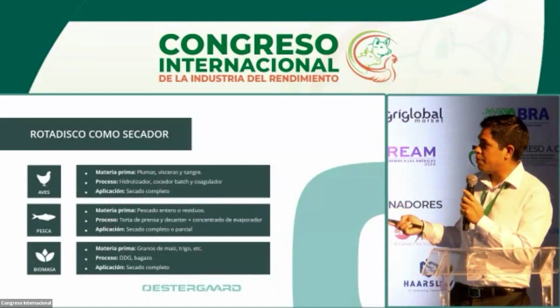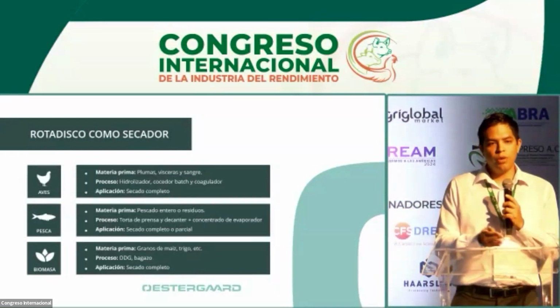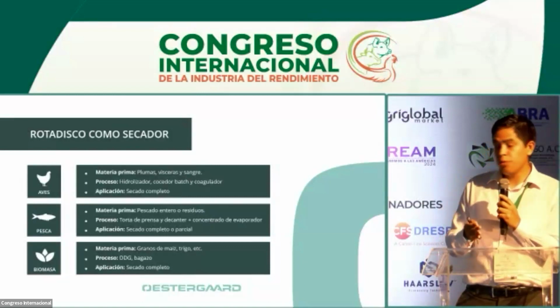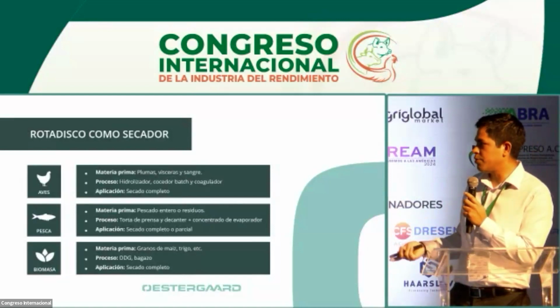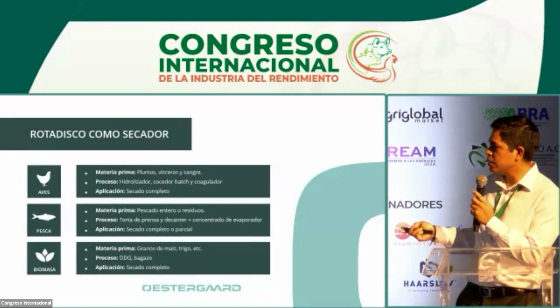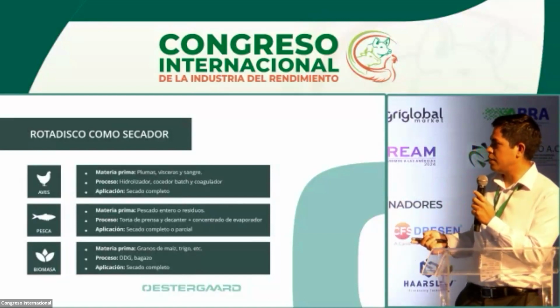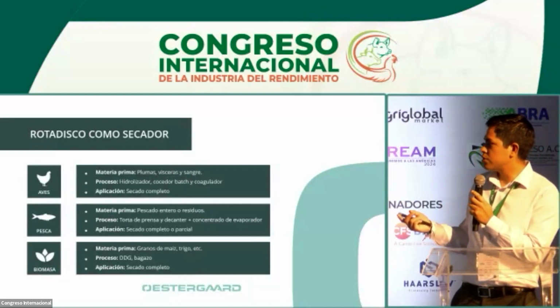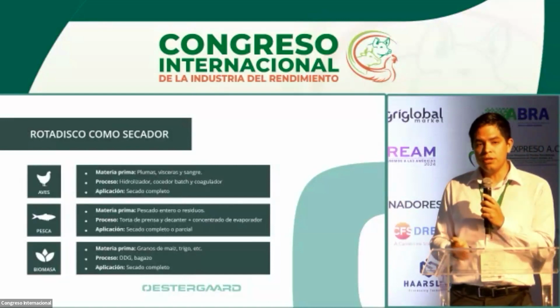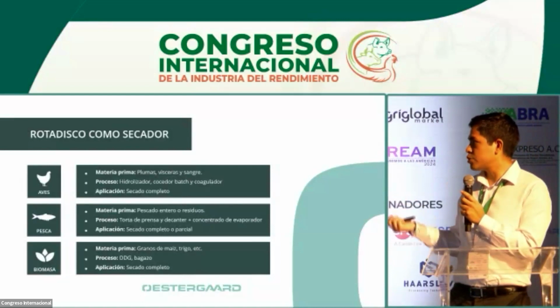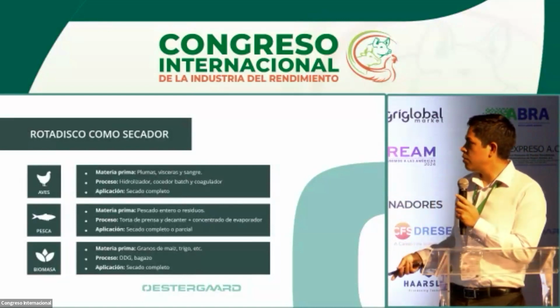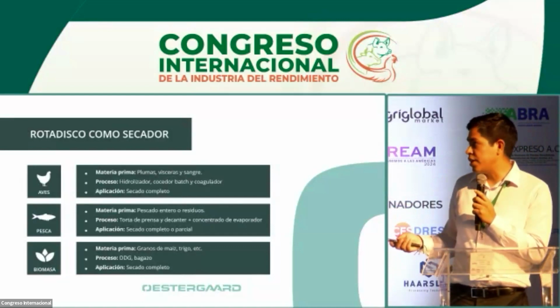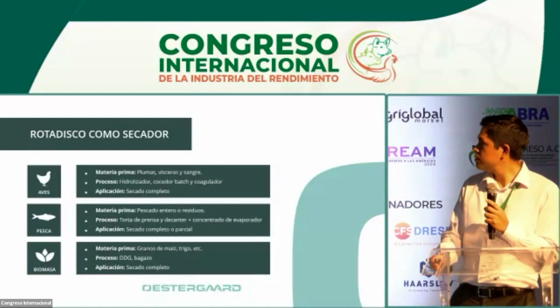The difference with poultry is that in fishery, the rotational disc can be applied as a full dryer and partial dryer. We'll see further on. Finally, the applications for the dryer would be corn and wheat seeds, and we would dry the residues or solid residue of the distilleries.